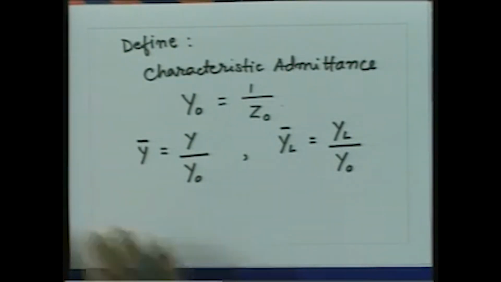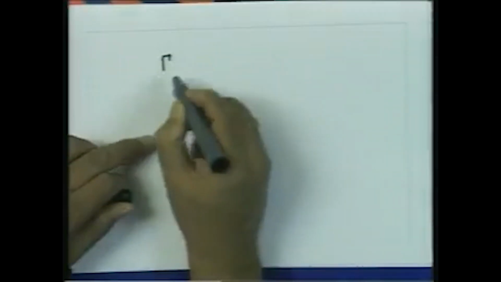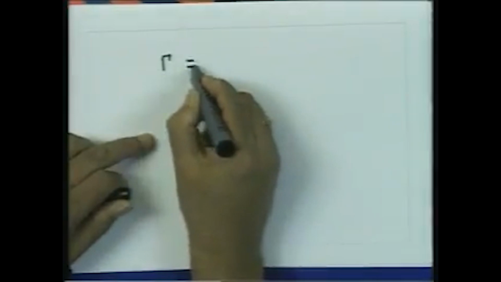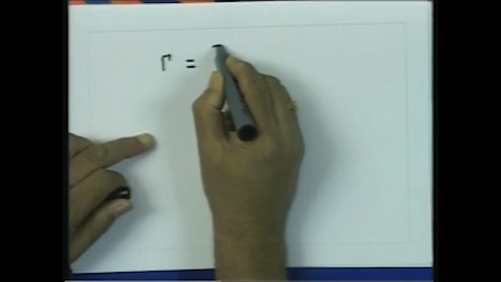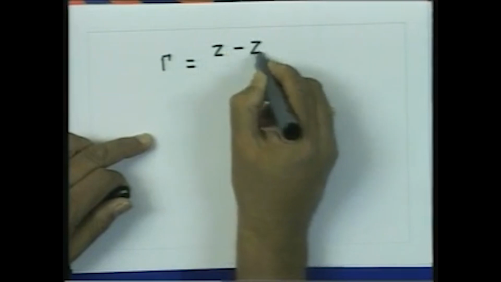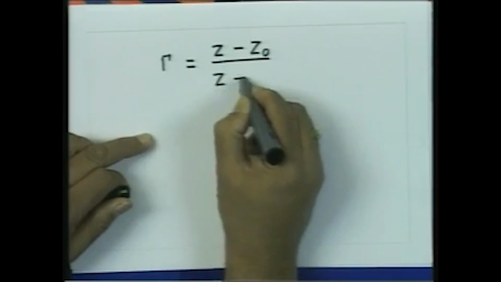Once we make this definition for the characteristic admittance and the admittances on the transmission line, then one can ask, how do I write down now the reflection coefficient in terms of the admittances? Going from the definition of the reflection coefficient which you have derived in terms of the impedance, the gamma at any location is Z minus Z0 divided by Z plus Z0.